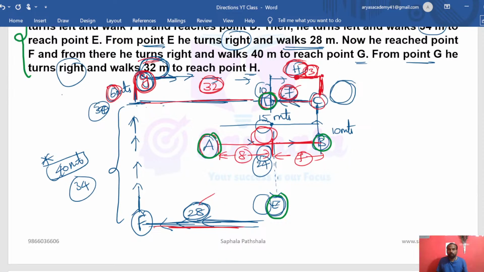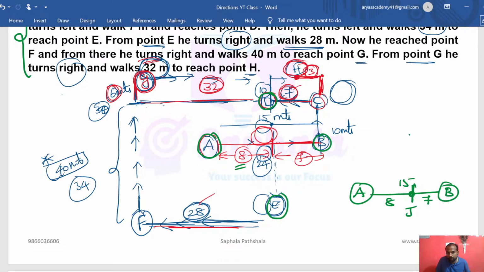Now I am drawing the diagram here. A is here and B is here. What is the distance? 15. The total distance is 15. But at the intersection it divides into 7 on this side and 8 on this side. See what I have written. What do they call this intersection point? J. That intersection is known as J.